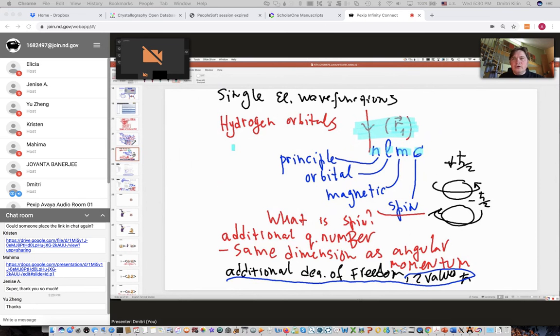I'm going to spend most of the time before we go to the practical part bringing more details in how to treat the spin mathematically. Which mathematical operations are needed to treat the spin.